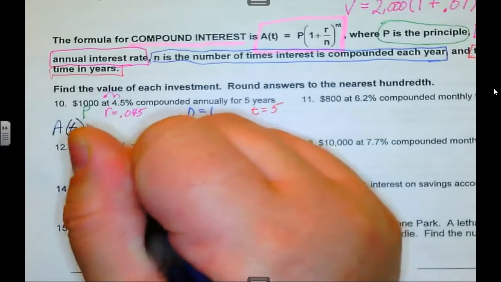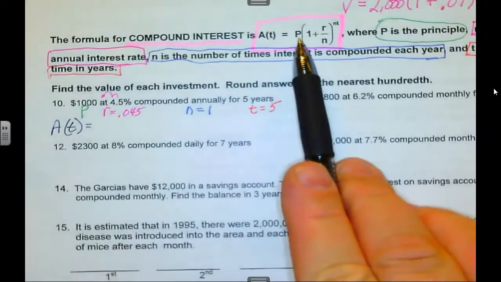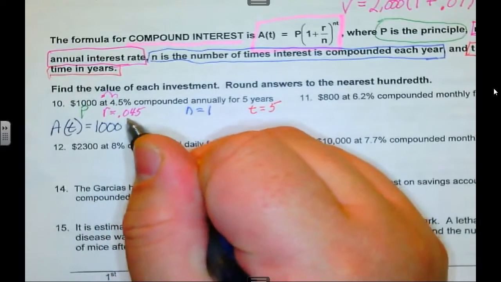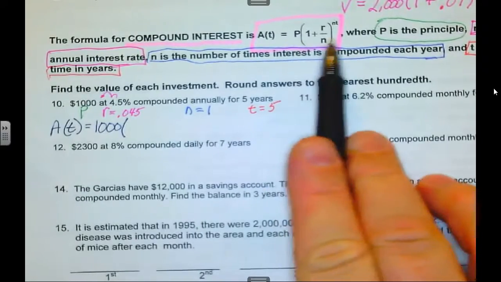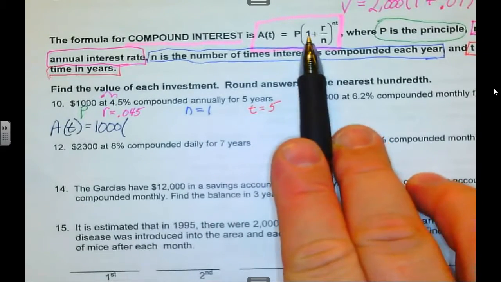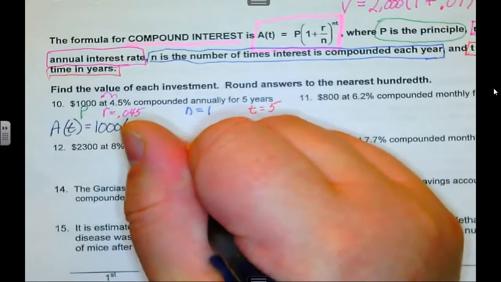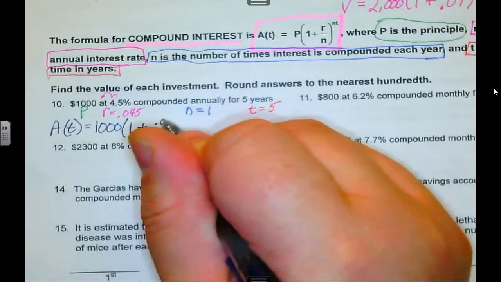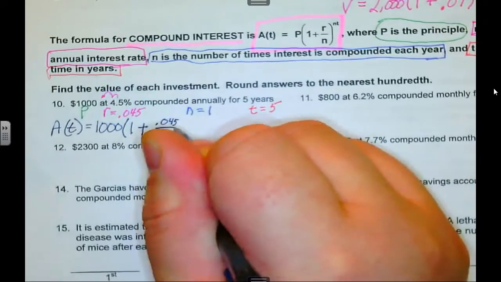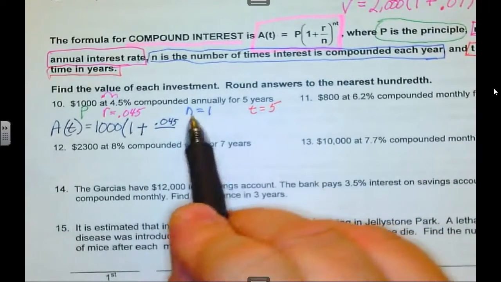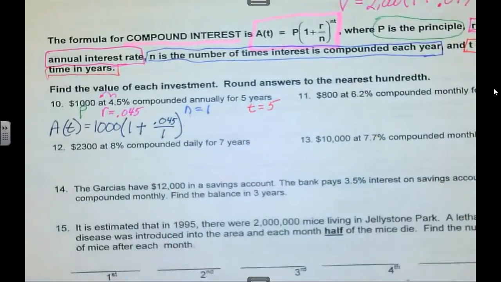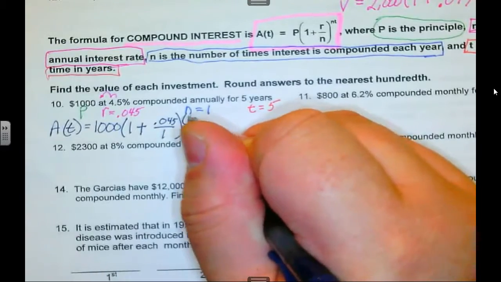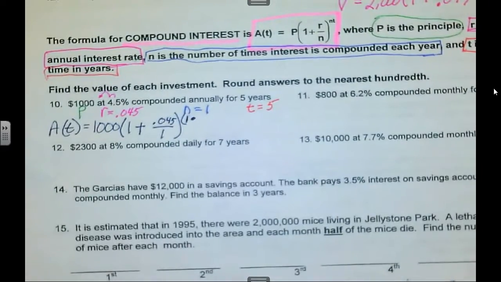A of T equals my principal, my P, which is 1,000, times, I'm just putting it in the formula here, parenthesis 1 plus my R, which is 0.045, divided by my N, which is 1, raised to the N, which is 1, times t, which is 5.